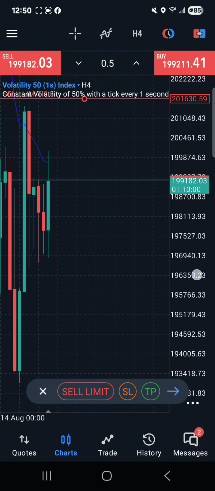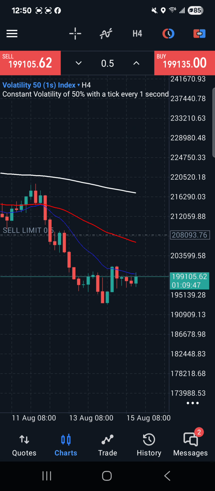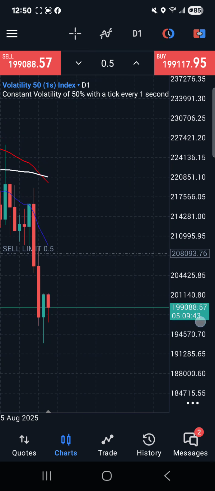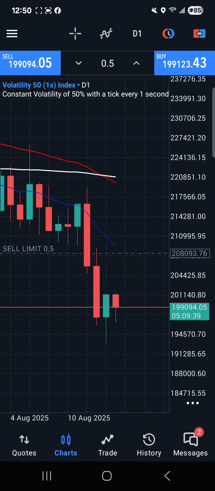And where is this trade going to go? Probably I'll target here as TP2, because on the daily time frame, that area is an area of imbalance.